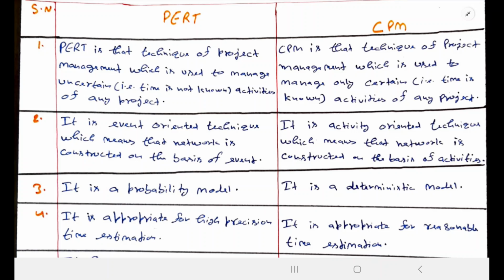CPM is that technique of project management which is used to manage only certain activities, where time is known. PERT is used when time is unknown, and CPM is used when time is known.